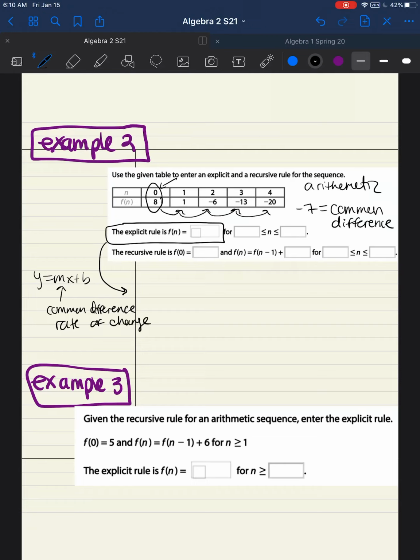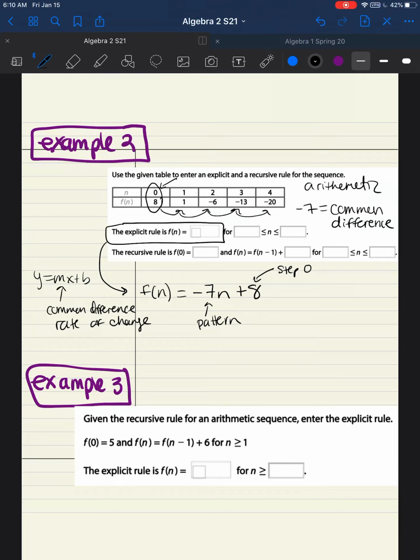So our explicit rule will be f of n equals negative 7n plus 8. Plus 8 coming from step 0, this coming from the pattern, or the rate of change.